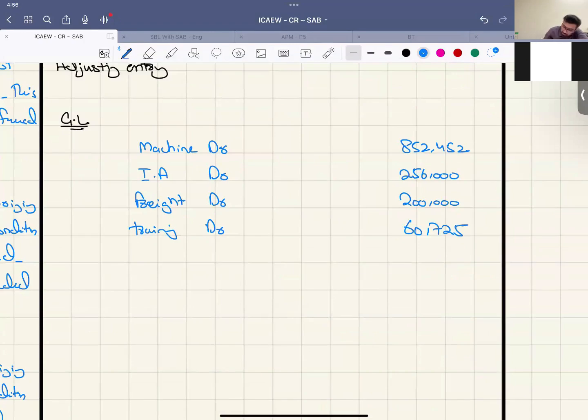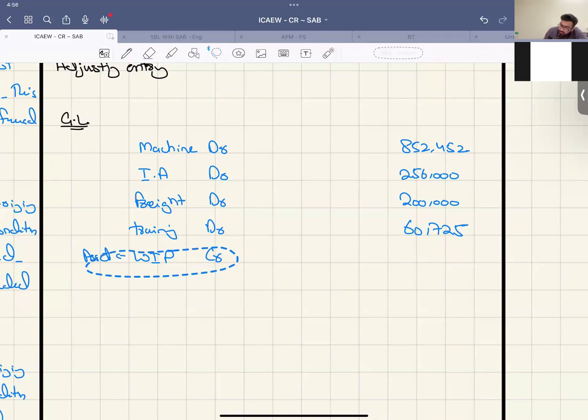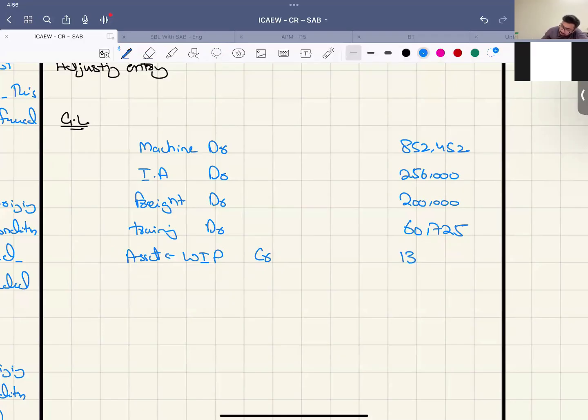And then credit, because they all made it into the work in progress asset account. So this would be credited, and that's 1369177.